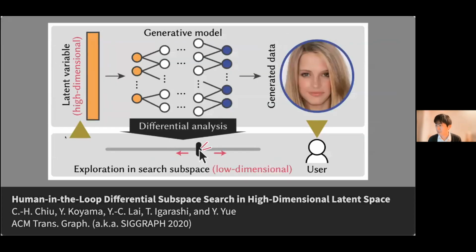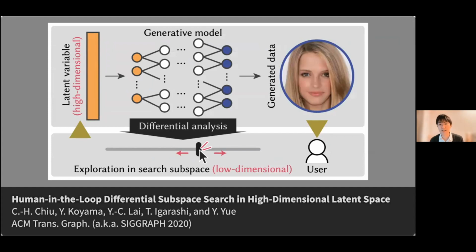And the next one was published at SIGGRAPH 2020, and we proposed a human-in-the-loop optimization method for content creation using deep generative models such as GANs.